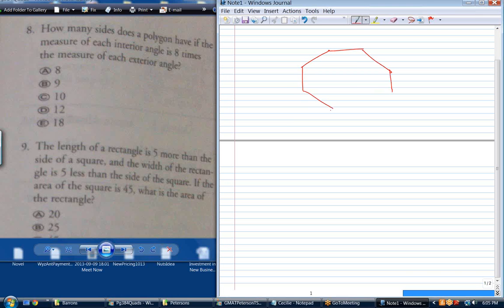The interior angle is the one that's inside of it, so this would be the interior angle. And the one on the other side is supplementary to it, so we'll call that exterior. So they're saying that this angle is 8 times this angle.